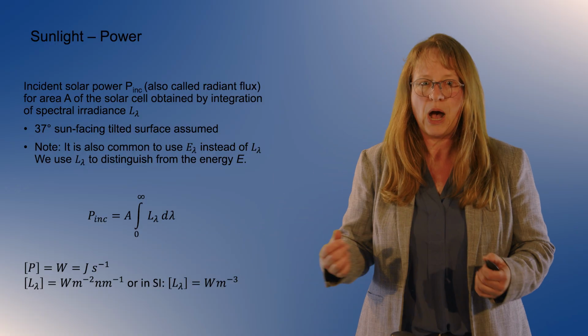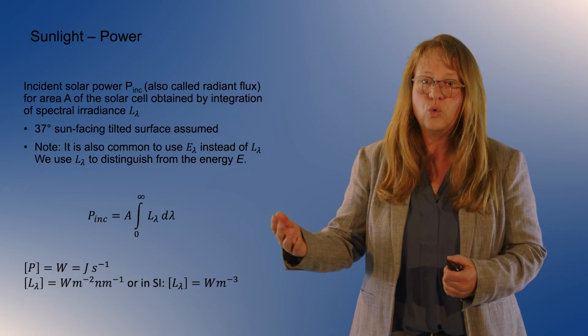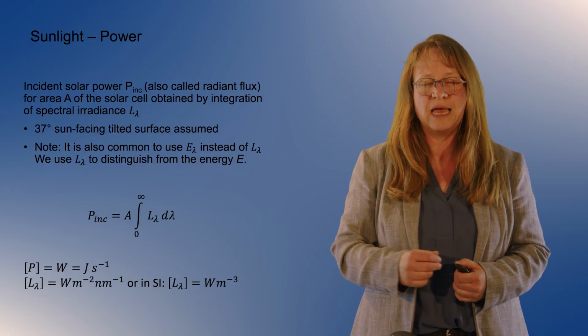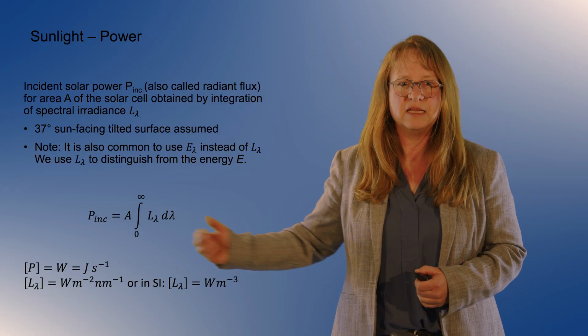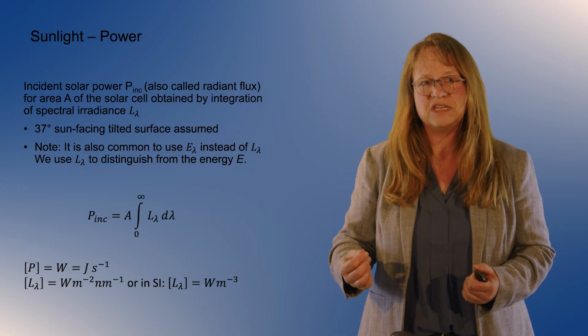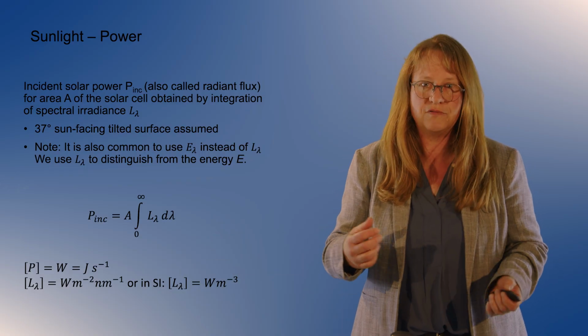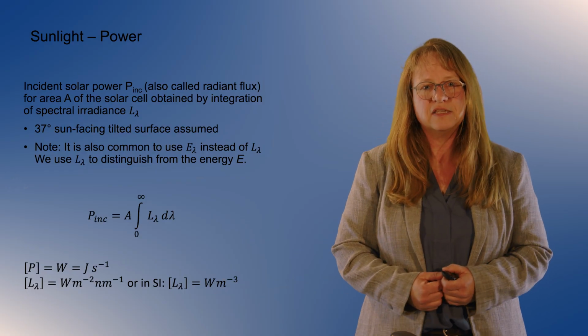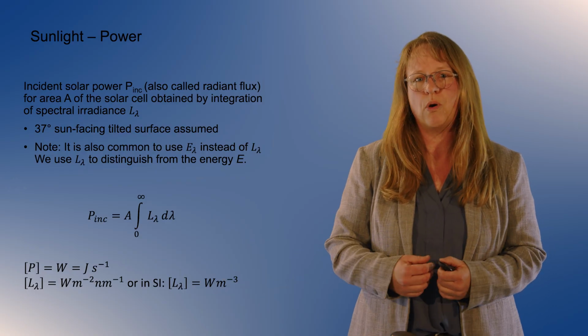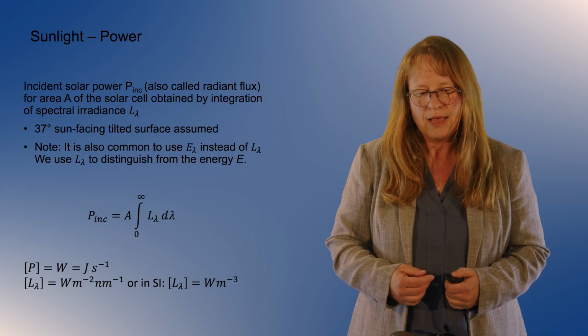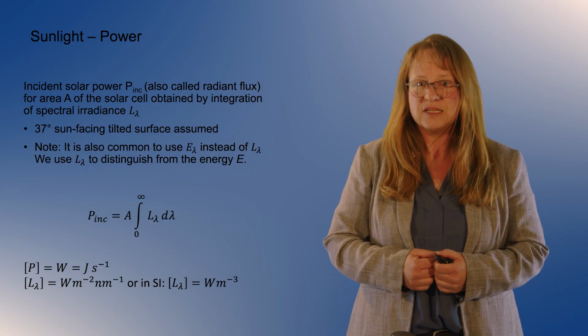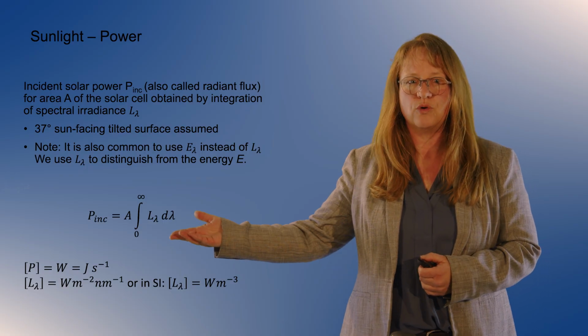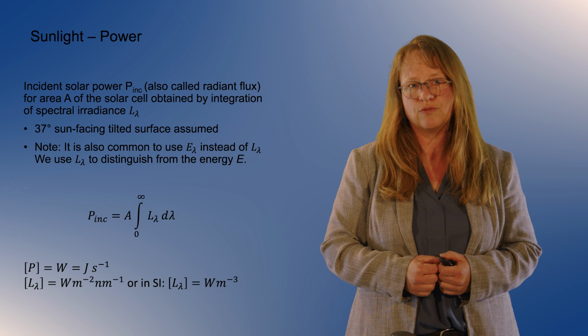So the power is given in watt or joule per second, energy per time. And the spectral irradiance is given in watt per meter squared per nanometer often, if you look at the graphs. In SI units, this would be the same as watt per meter cubed. Okay, so let's look at the MATLAB program in order to integrate this spectral irradiance.